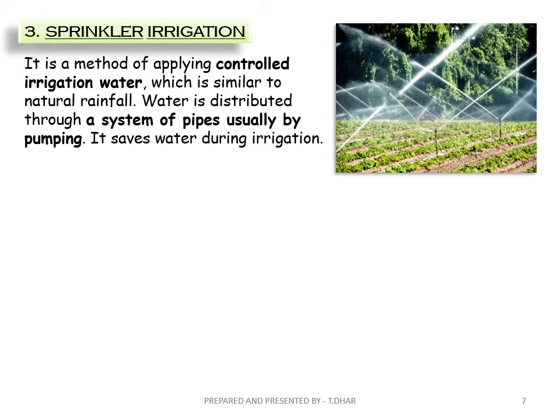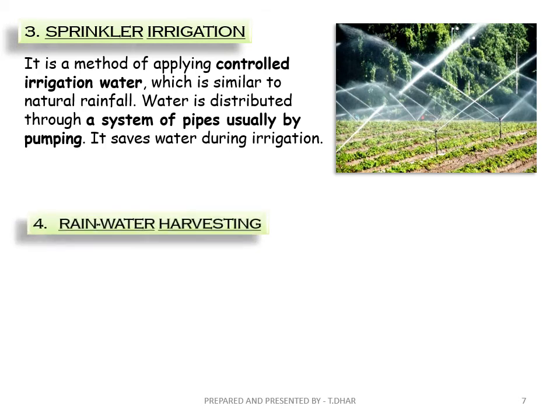When the plants need water, the motor can be turned on so that water can be irrigated through the sprinkler. And when the plants have got enough water, then the motor is turned off. In this way we can save a lot of water, because we can control the amount of water being sprinkled throughout the field.